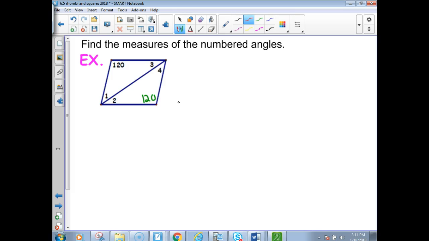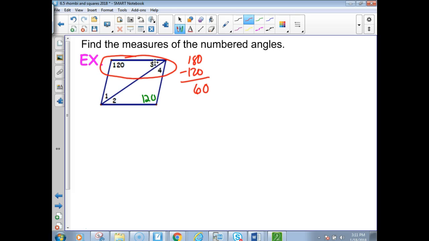You're going to do 180 minus 120. How come? Bryce, what were you thinking? Same thing he said? Okay. Well, that's good because consecutive angles are supplementary. So if you're going this way, those add up to 180. So you're right. 180 minus 120 is 60.